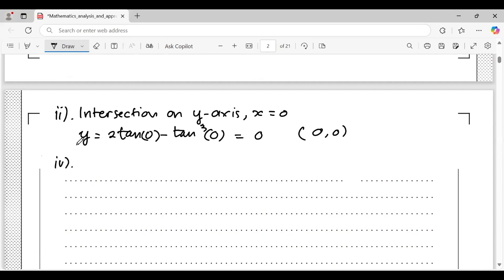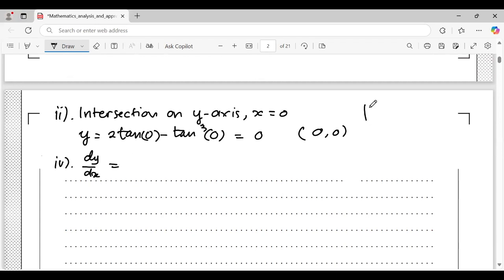The fourth step. We are going to determine the local minimum or local maximum. For local minimum and local maximum, we need to set the derivative, or the differential, equal to 0.